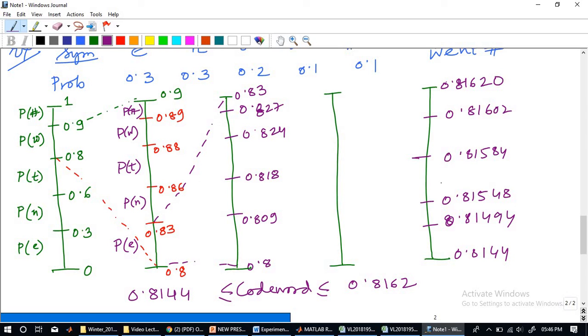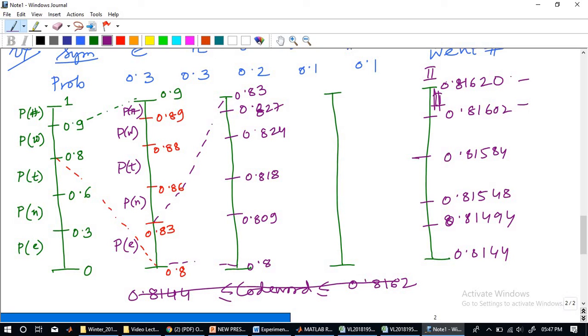Okay. Because this is where the hash is, I think. Fine. Yes, correct. You are correct. So your code will be between this range because this is the hash part. This is your lower and upper limit. So take the average of these two. Correct. So your code word will belong somewhere over there.